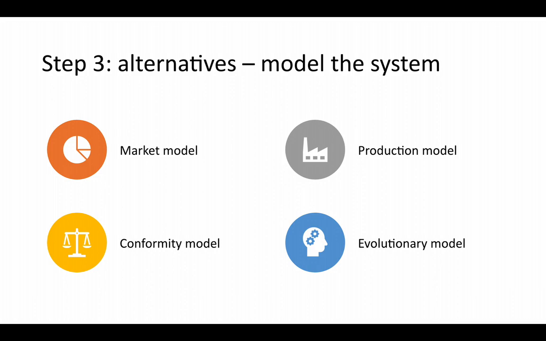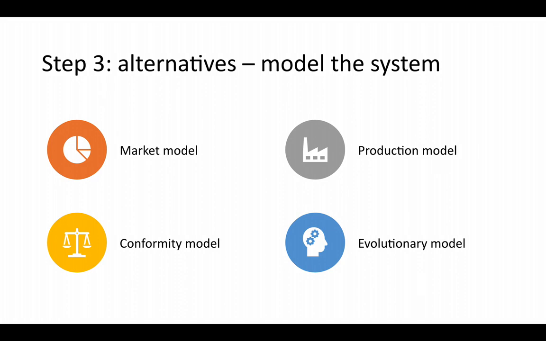If I want you to change your behavior, then I offer you something. This is a market model. The production model is, if you lack something, let's produce it. This is solely based on the supply chain idea. There's the demand, then you produce it, then you supply it.